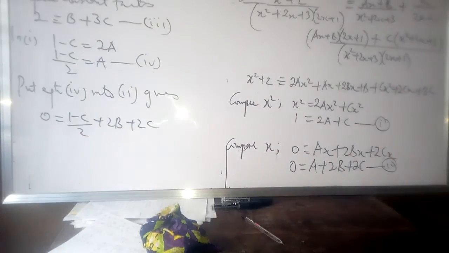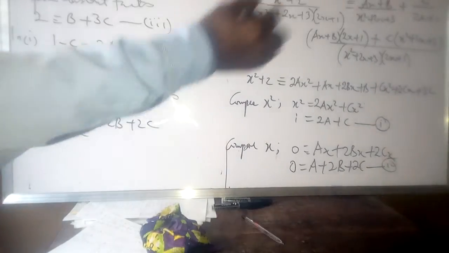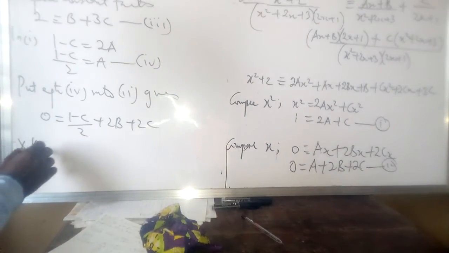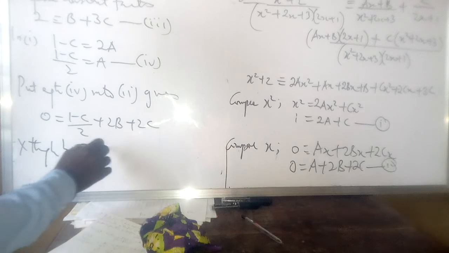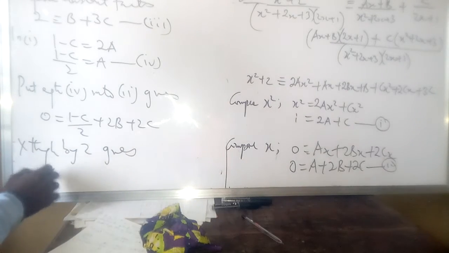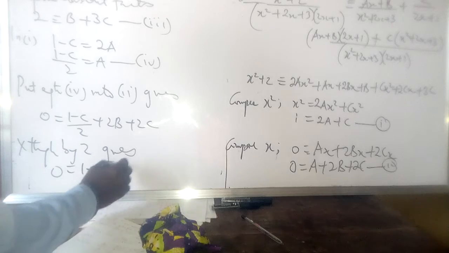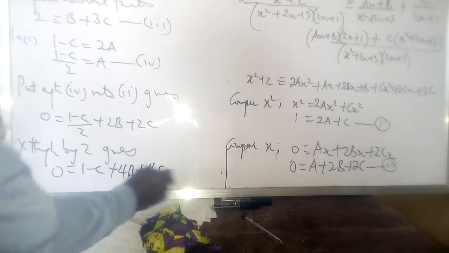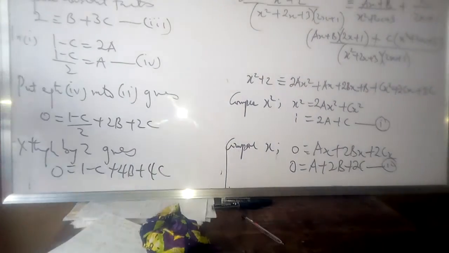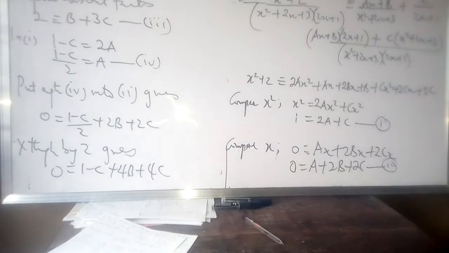Okay, so multiply through by 2 so as to remove the denominator. That gives 0 plus 2 times 0, which is 0, is equal to 1 minus c plus 4b plus 4c.